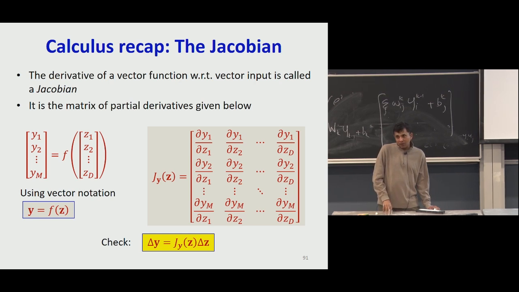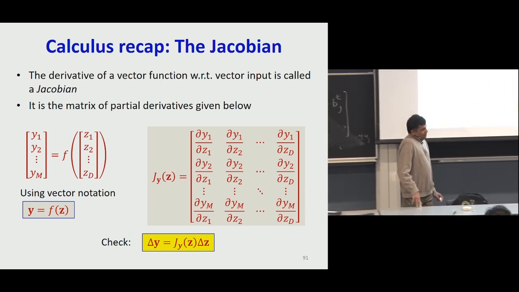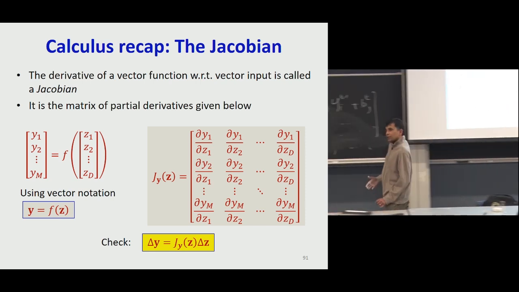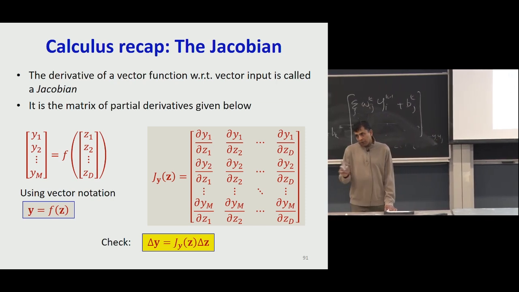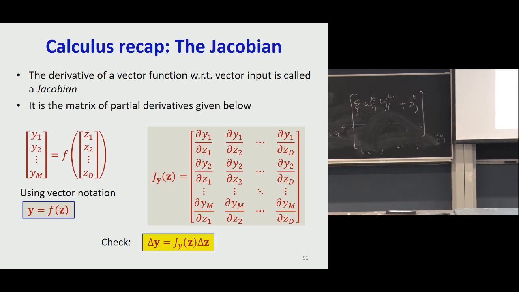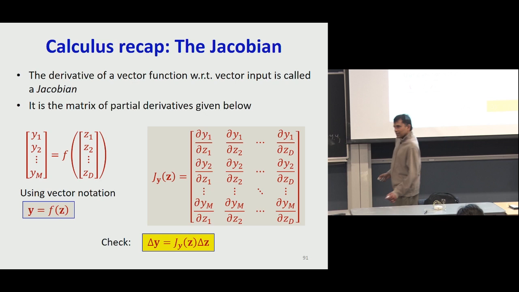And it's very easy for you to verify that now when I multiply the Jacobian by delta z, it's going to give me delta y, the incremental change in y as a consequence of an incremental change in z. Now I'm using a specific notation over here. This is the derivative of y with respect to z. I put the z in the parentheses. The y is the subscript.